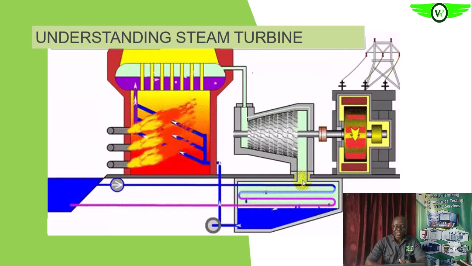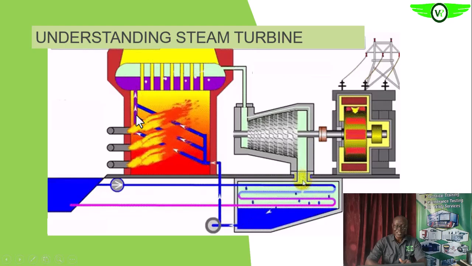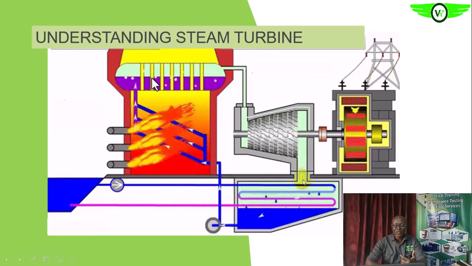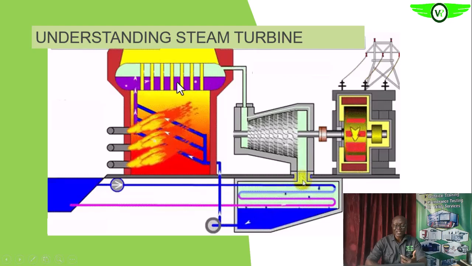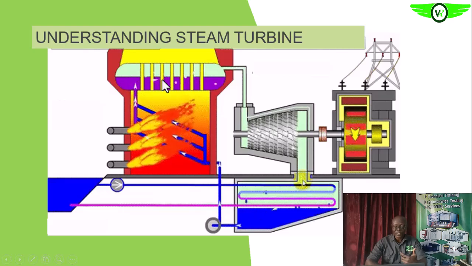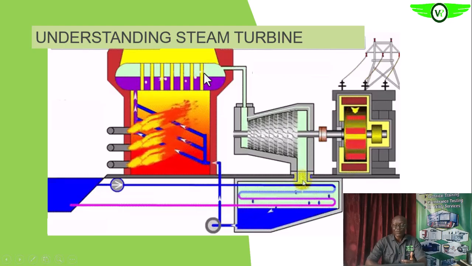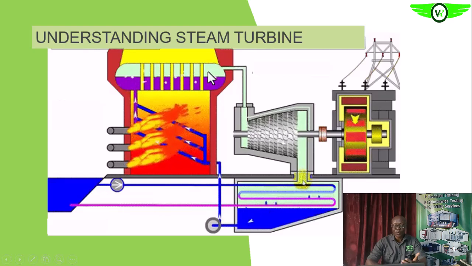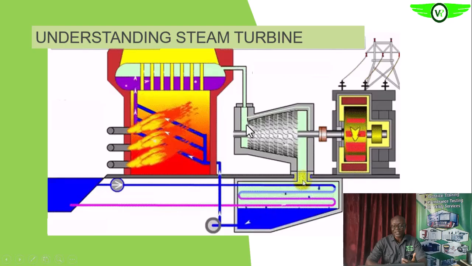As the water goes into the boiler, it absorbs the heat and then comes to the steam drum. The water that has enough energy to go into the vapor phase will be freed and come out as steam. That steam is what will now be sent into your steam turbine.